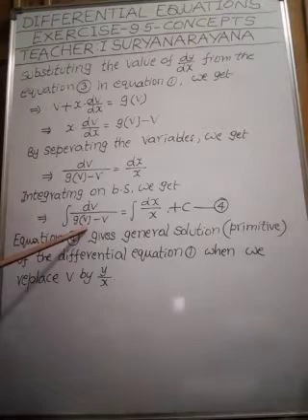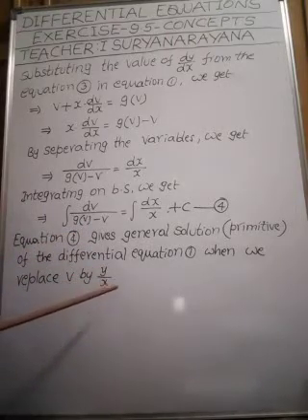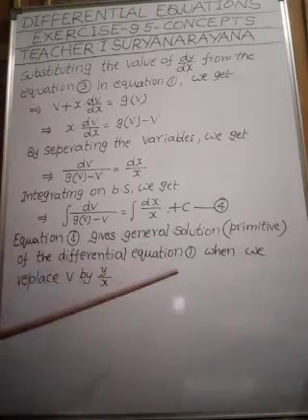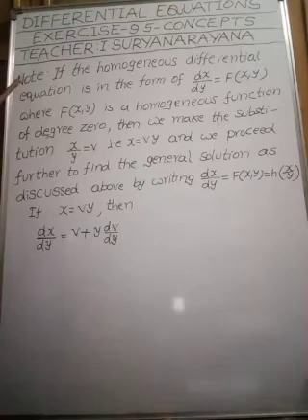So we have to replace v by y by x. Okay, my children. Then we get the general solution of the given differential equation. Understood these steps, my children? Please remember these steps, my children, to solve a homogeneous differential equation.